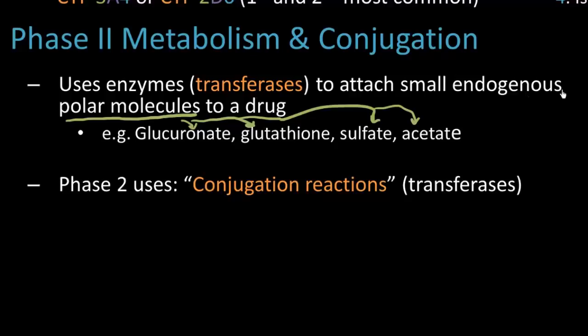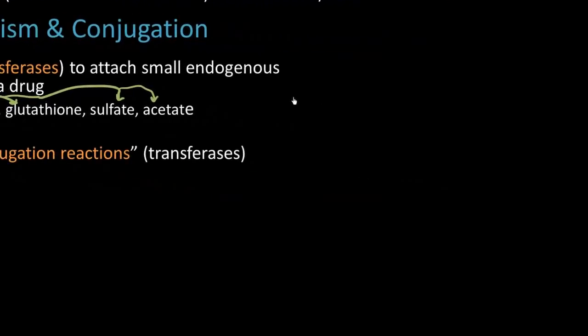So let's just draw a picture of what's going on here so you can compare it to the previous example. If we have a drug, we want to take this drug and form a conjugate. The way we do that is we transfer a molecule onto it.